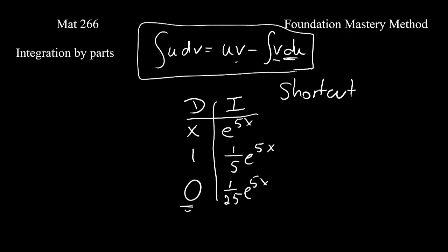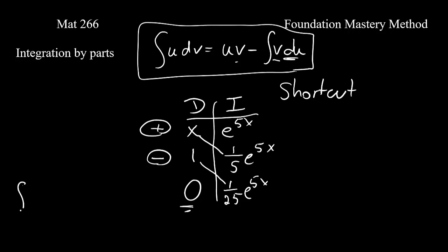And now when we've reached 0 in this column, our answer to the integration by parts problem will be positive the product of these two entries in the table, and then minus the product of these two entries.